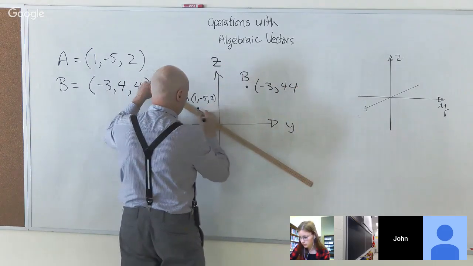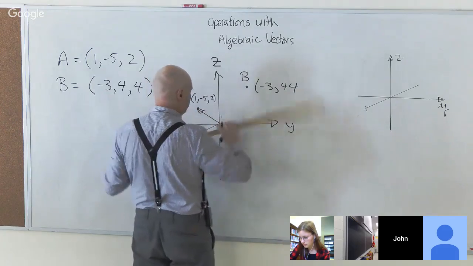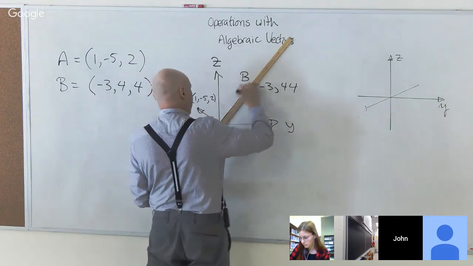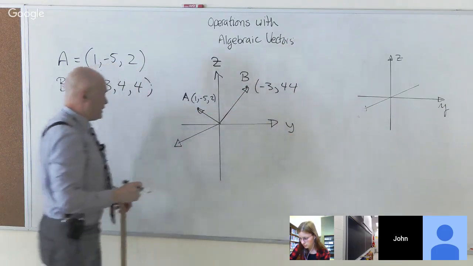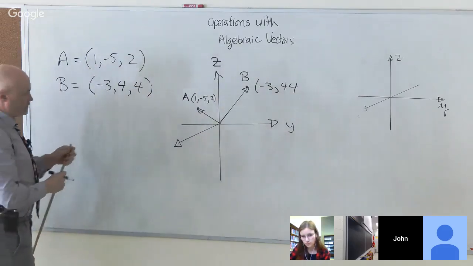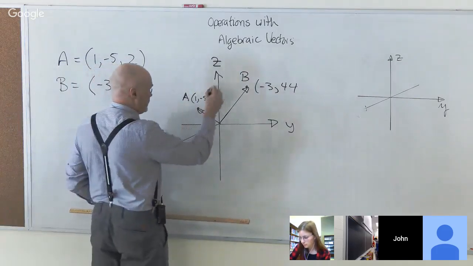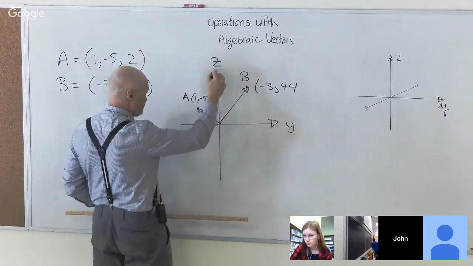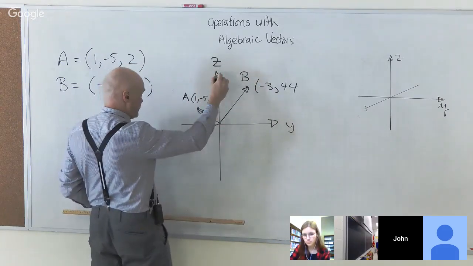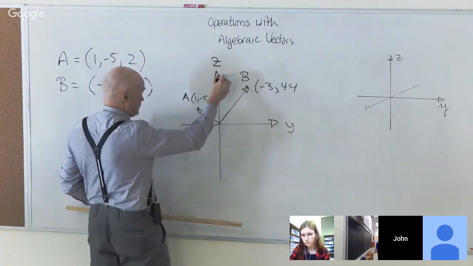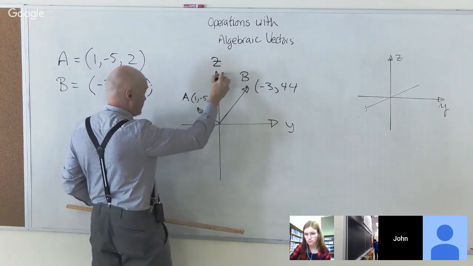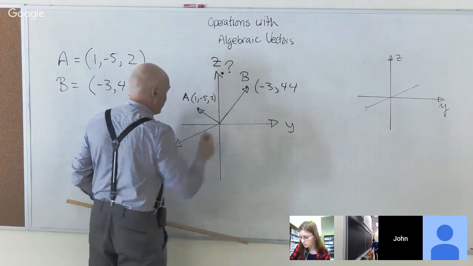Okay, so I have a vector there. I have a vector there. And in 3 dimensions, what I actually want to do is find out where the last point of the parallelogram would be in order to complete this as a parallelogram. Okay, so where exactly is that point?